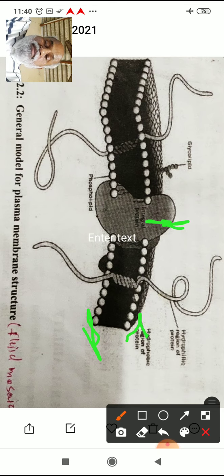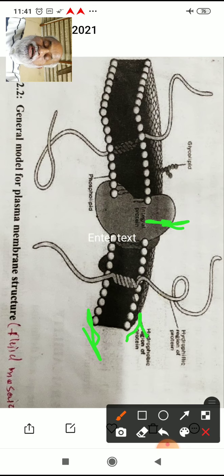Means the cell membrane supports the cell and helps in maintaining the shape of the cell even. The cell membrane gives flexibility, we can say, due to the lipids present in the membrane.